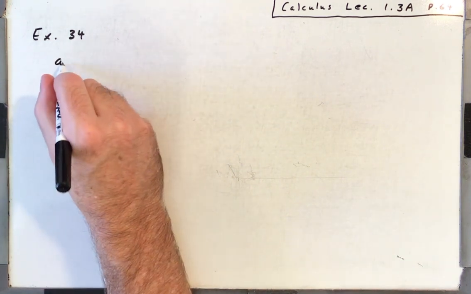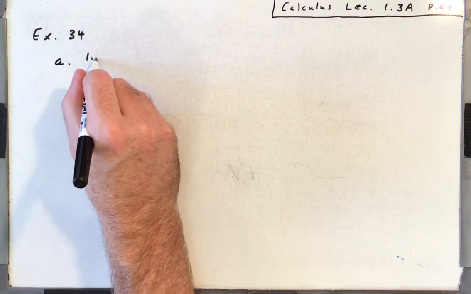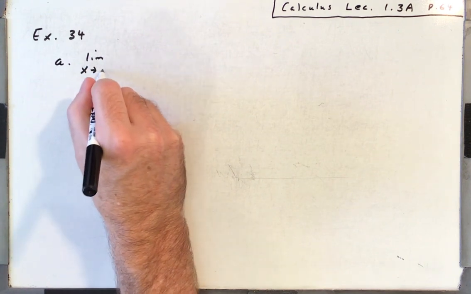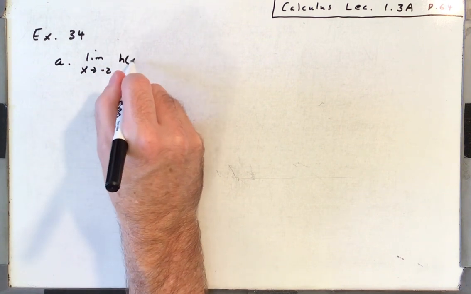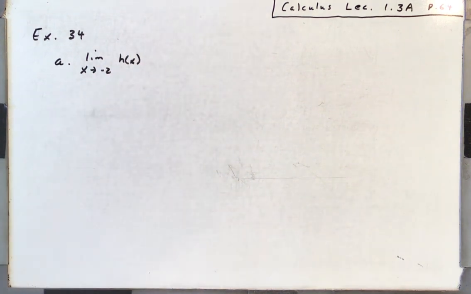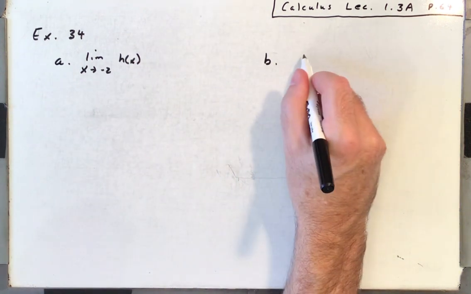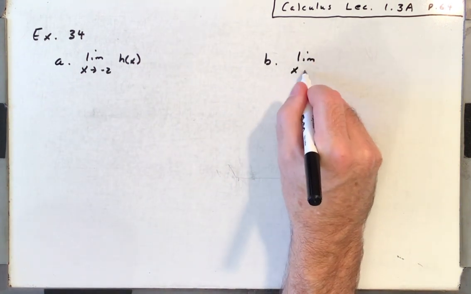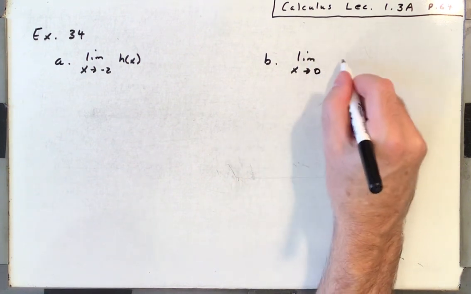Let's see, the first part, A, we want to find the limit as x approaches -2 of h of x. All right, and then part B, the limit as x approaches 0 of h of x.